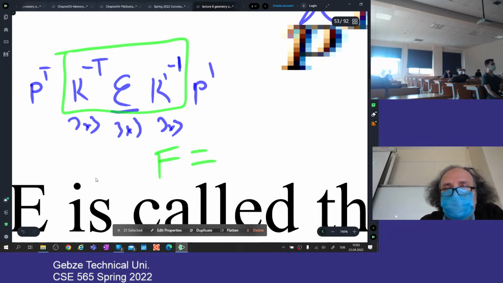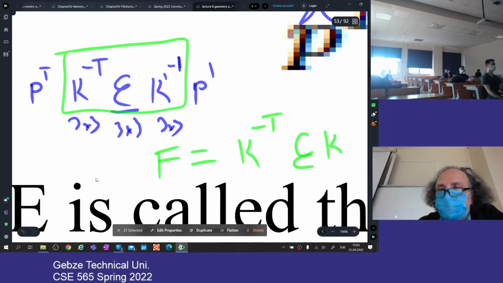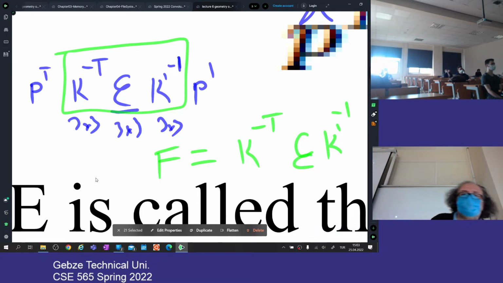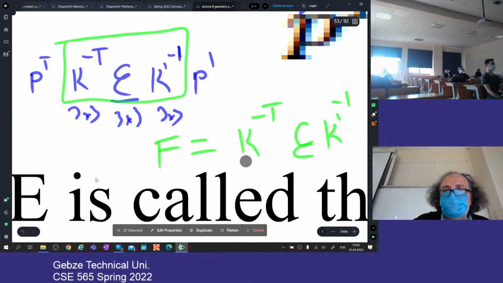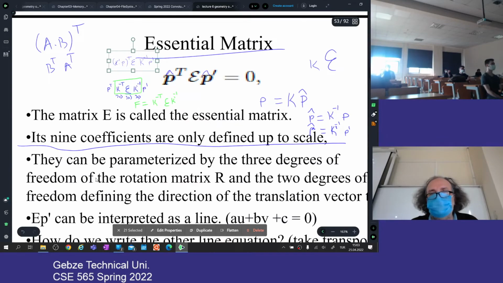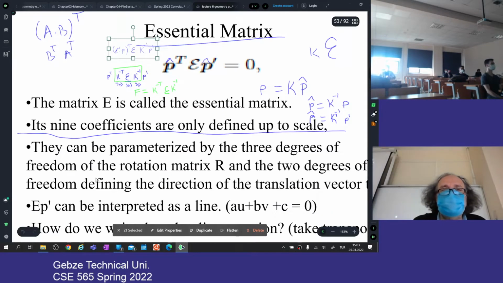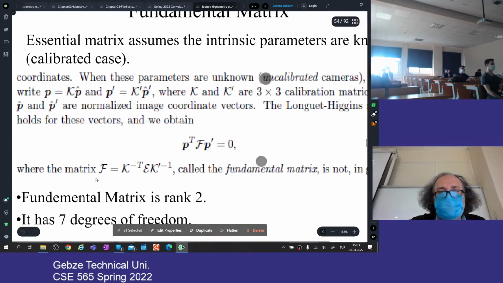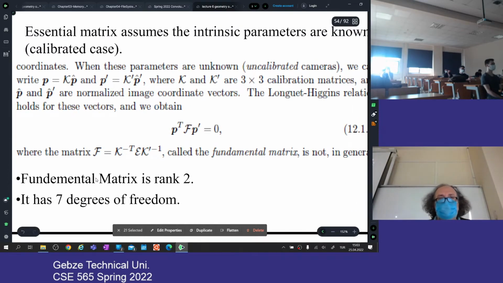The fundamental matrix is shown as K minus T times the essential matrix times K prime minus 1, just the inverse of the K prime. So this holds the intrinsic parameters of the left image and the intrinsic parameters of the right image. That's called the fundamental matrix, and this is how we get the fundamental matrix.